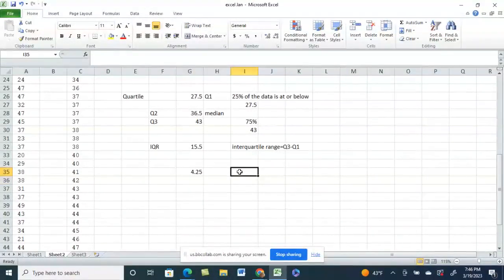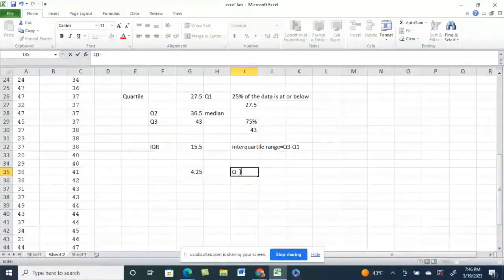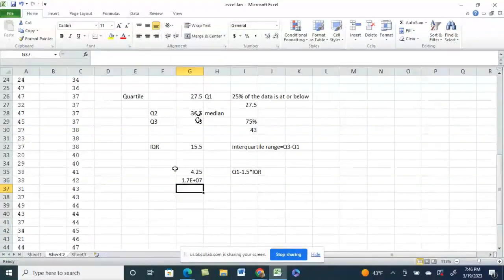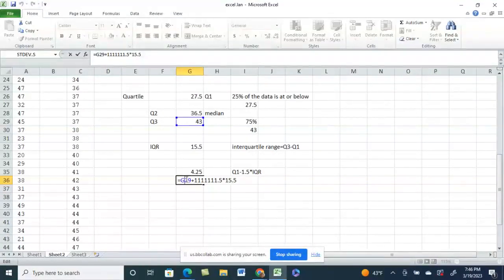Again, let me write down the formula. It would be Q1 minus 1.5 times the IQR. Okay, and this one would be Q3 plus 1.5 times the IQR. Oh, I messed up.